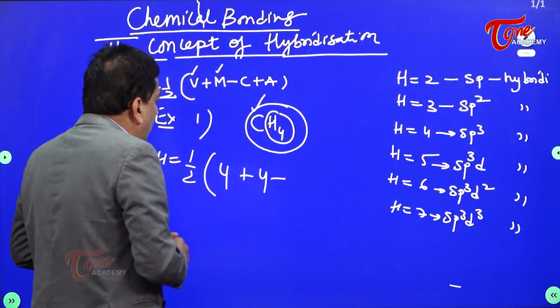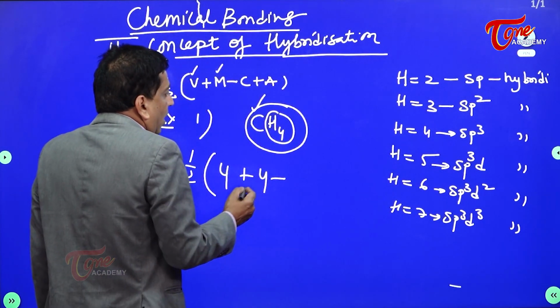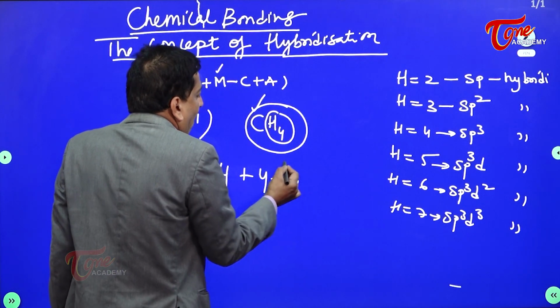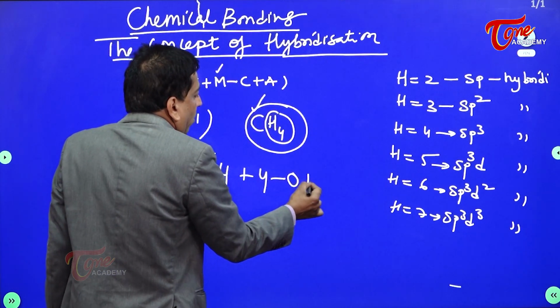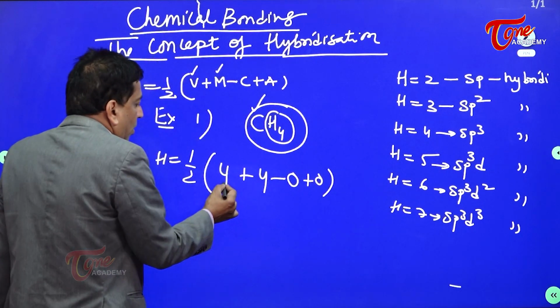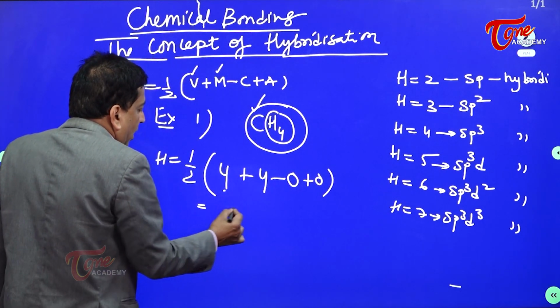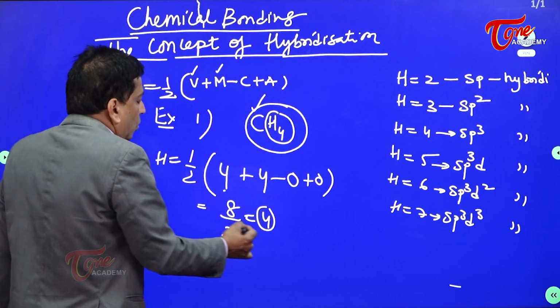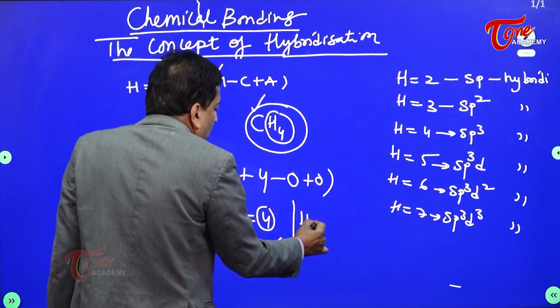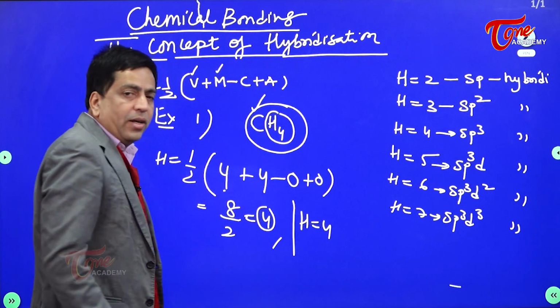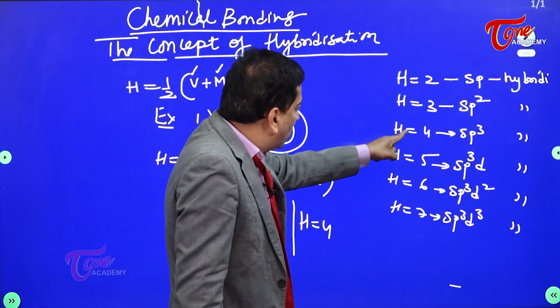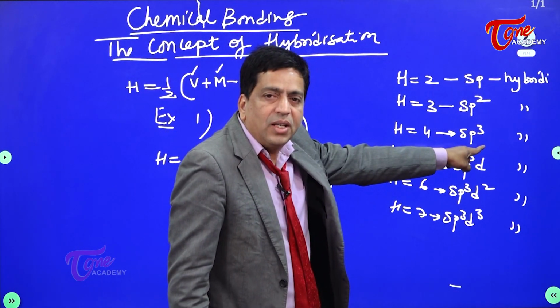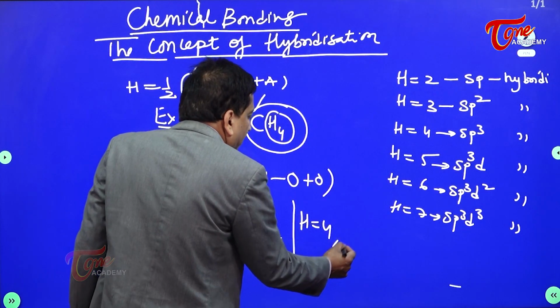So I put it to be 4 plus 4 minus 0. It is not even an anion. So 4 plus 4 is 8 by 2, that is 4. So what I got here is H is equal to 4. And you can see this list. If H is equal to 4, then it is sp3 hybridization.